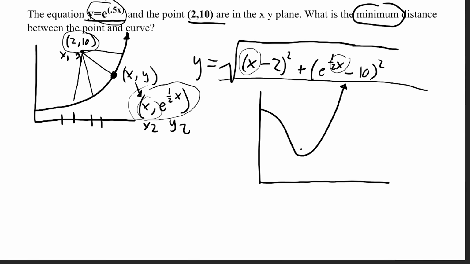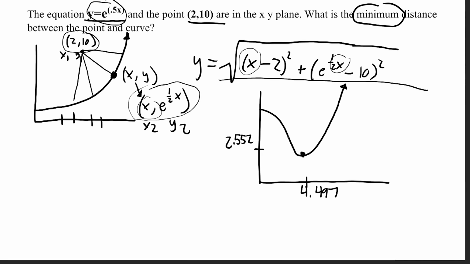And so you can either use the minimum function on your calculator or find the derivative of this equation here and then find where it equals 0 and is a minimum. But however you do it, you should find that the minimum of this function, which is represented here, is at x equals 4.497, and the y value is 2.552.